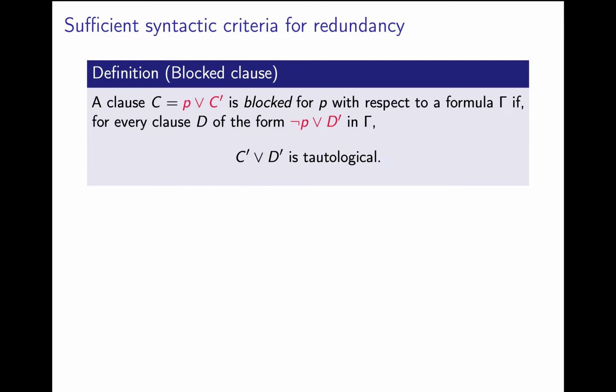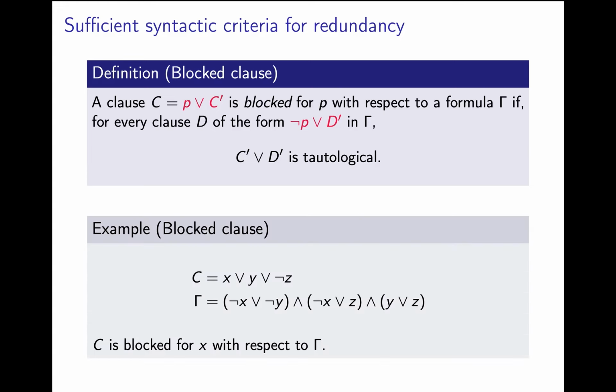In case this was hard to parse, let's make it clearer with an example. In this example, C is blocked for X with respect to gamma. Let's check this carefully. Here, X plays the role of P in the definition, and the clause Y or not C plays the role of C prime. We need to look at the clauses in gamma that contain not X, and we can disregard the others.